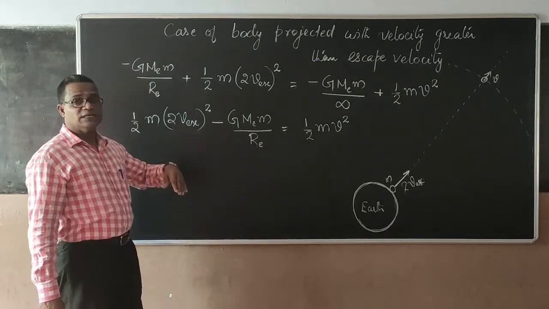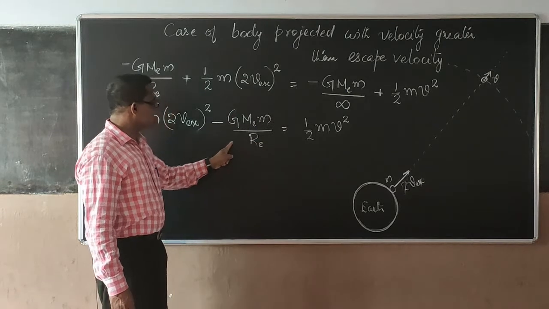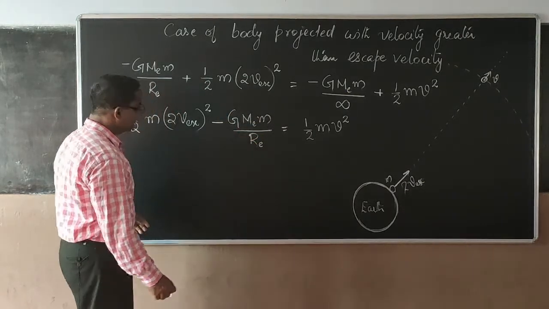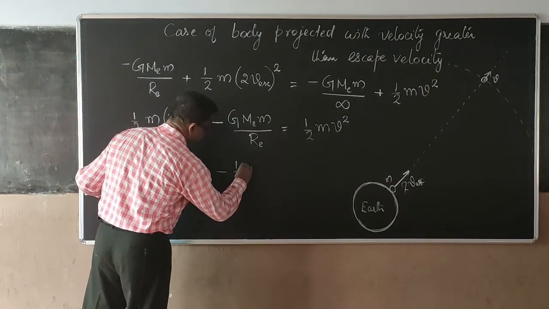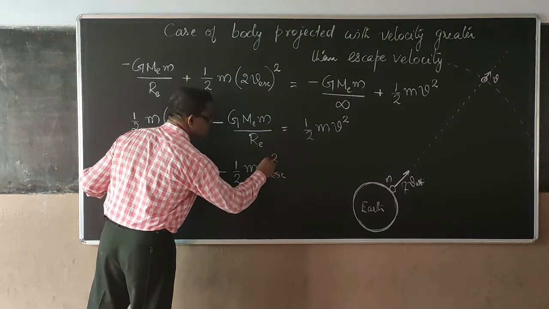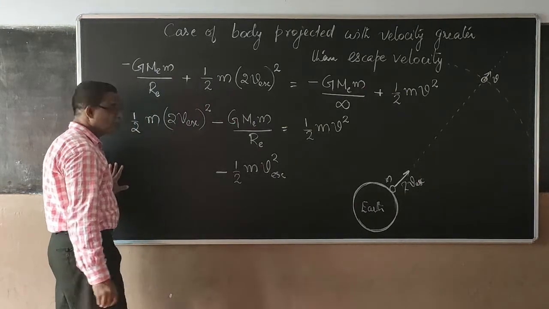But from the derivation of escape velocity, we understood that G Me by Re will be equal to half m v escape squared. This is what you got from the previous derivation for escape velocity.